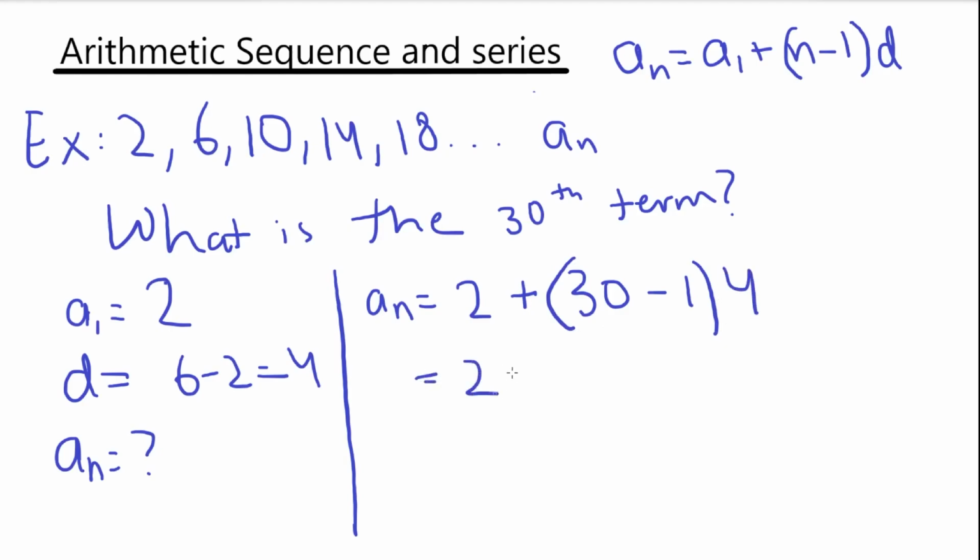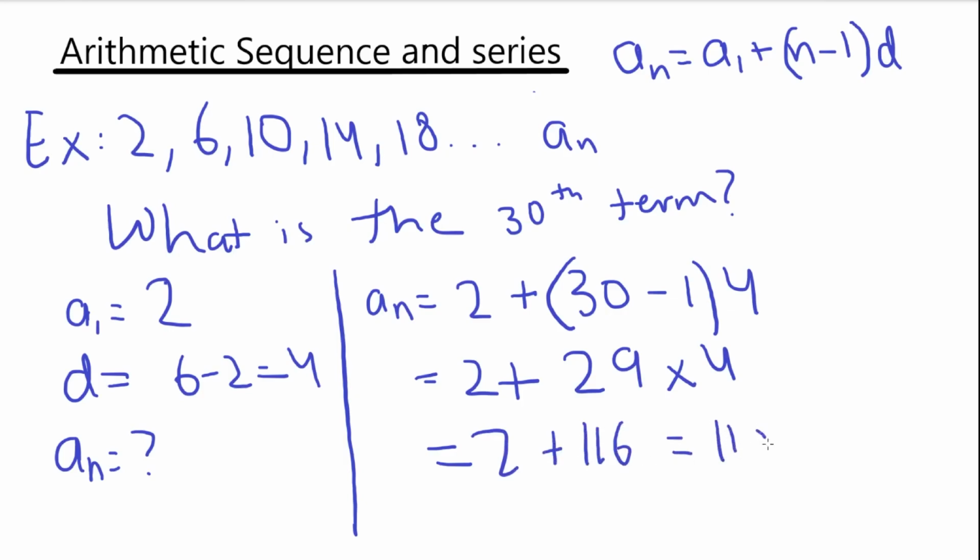This will be 2 plus 29 into 4, which, let's pull out our calculators to find the correct answer, is 2 plus 116, which is 118. So the 30th term of this sequence will be 118.